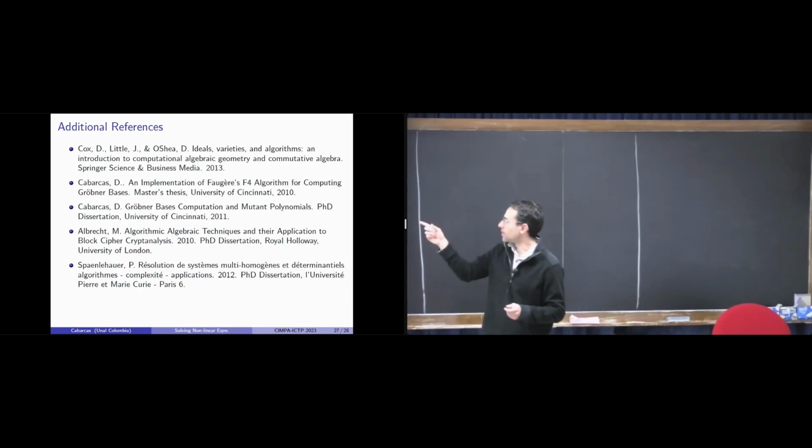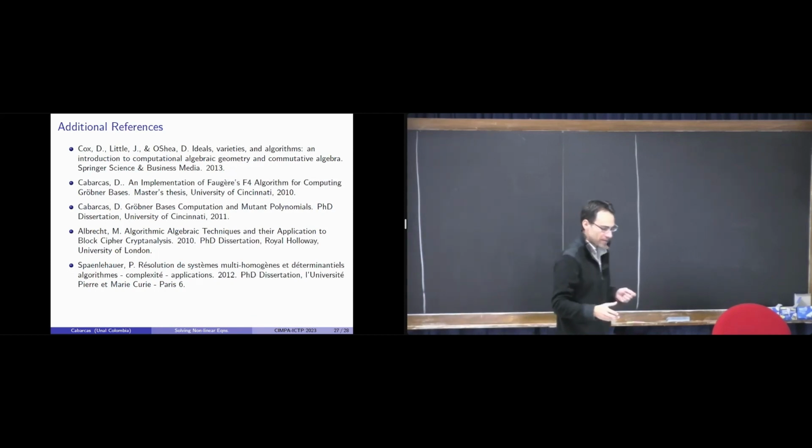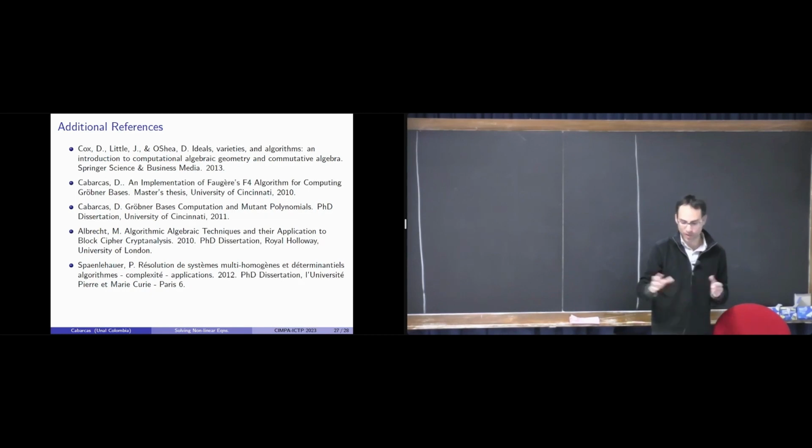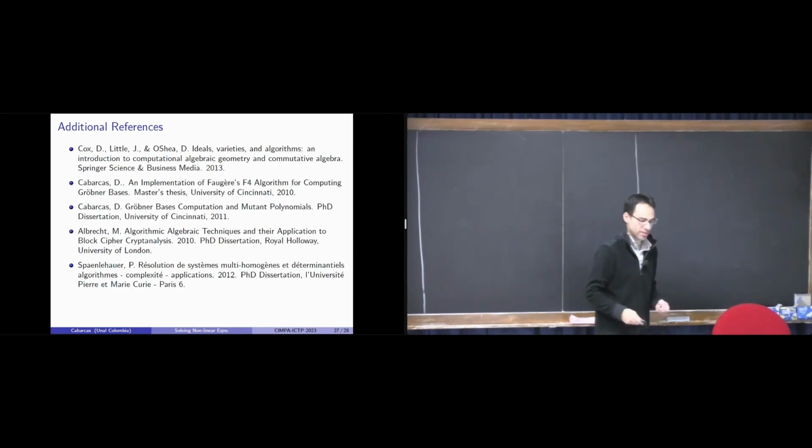Then there's the PhD dissertation of Martin Albrecht about algorithmic algebraic techniques and their applications to block cipher cryptanalysis, and the thesis by Spaenlehauer, resolution of systems. These are very good references to get more details about some of the topics we have discussed here. I used them to prepare this course.